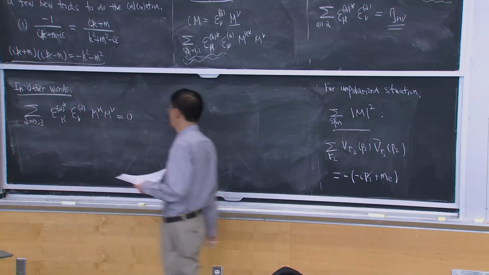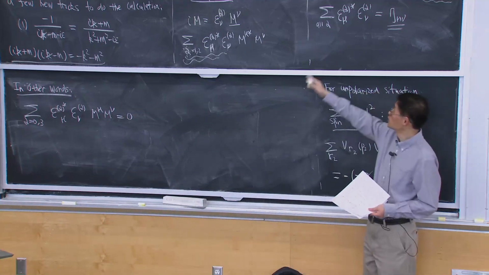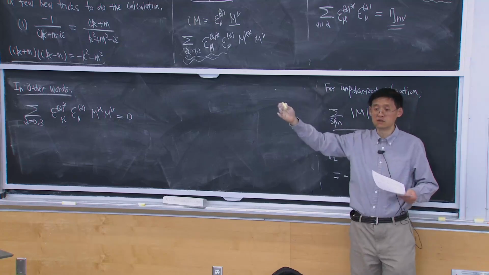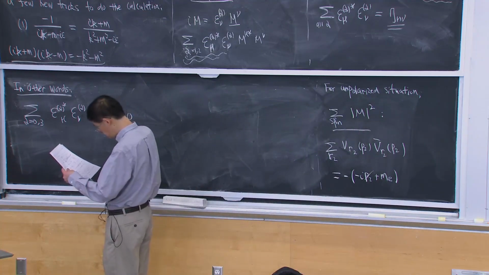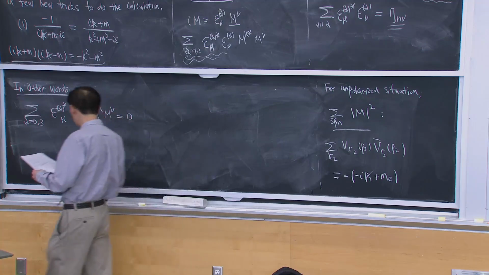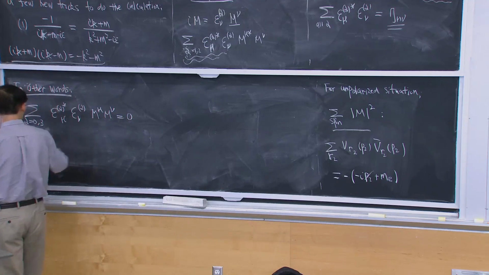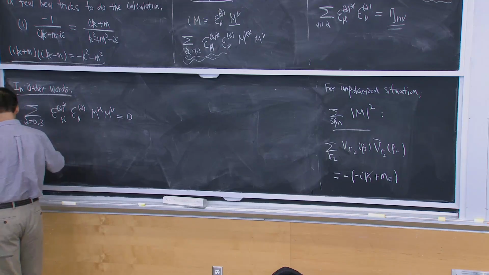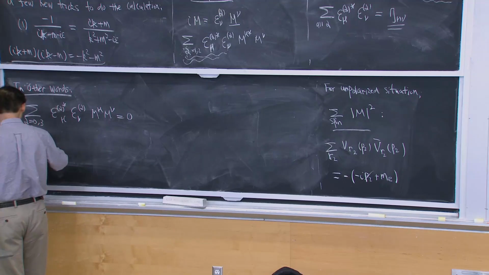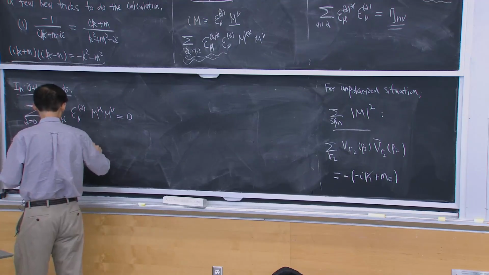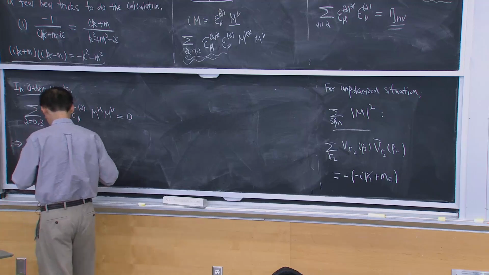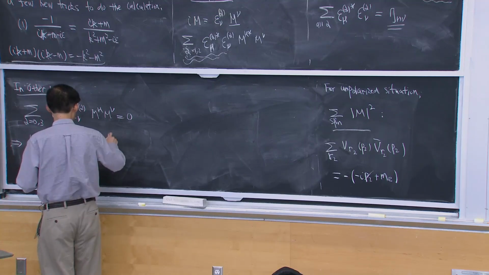Okay, so the difference between the two is just from the sum over 0 and 3. So if I write this down explicitly, this corresponds to epsilon mu 0 M mu squared being equal to epsilon mu 3 M mu squared.